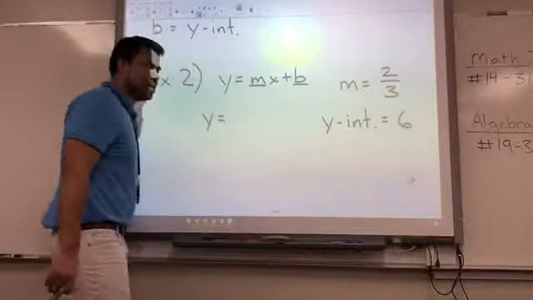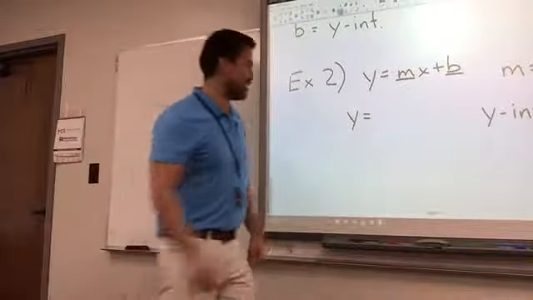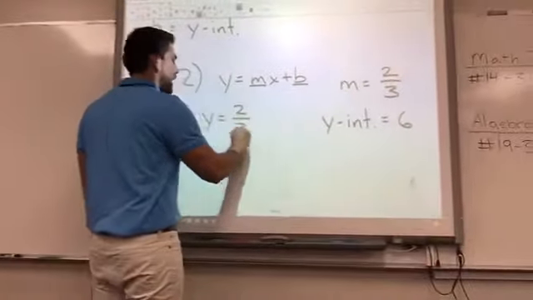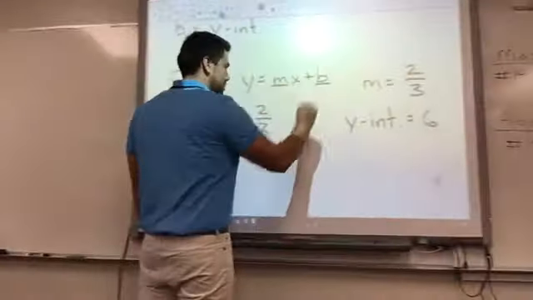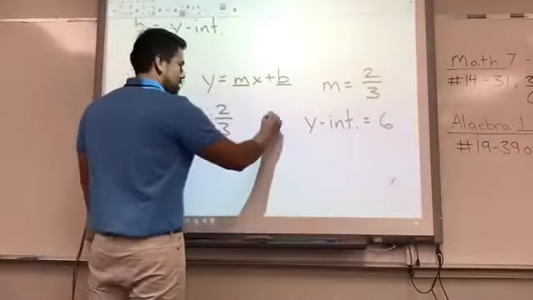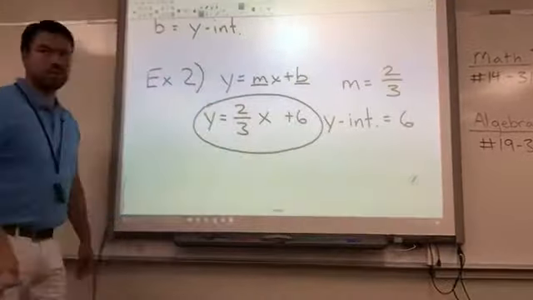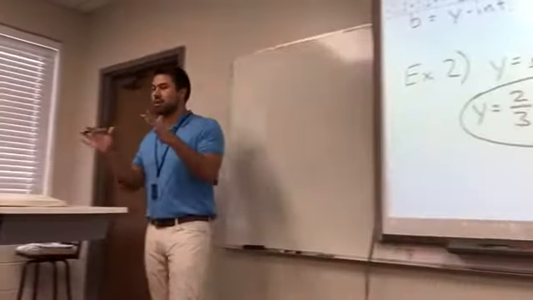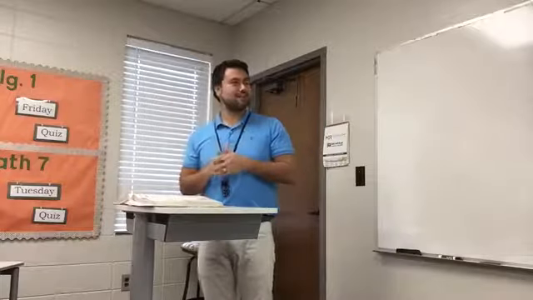That's what I replace m with. What's the y-intercept? 6. So it's positive 6. That's my answer. That's slope-intercept form. Is that pretty easy? Isn't that very nice?